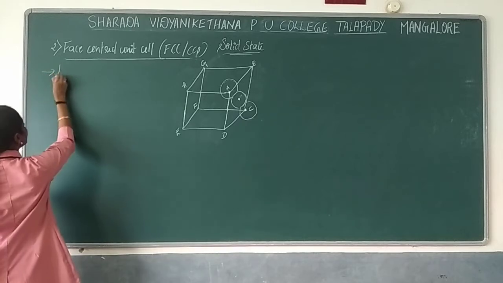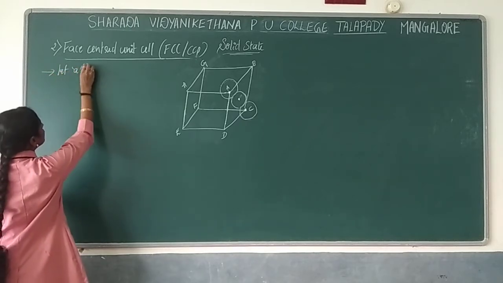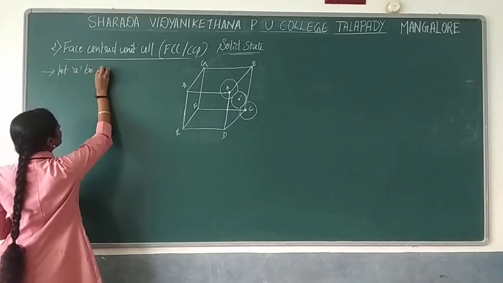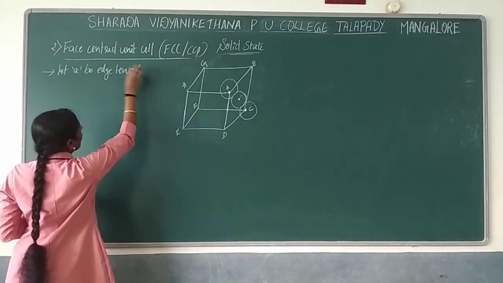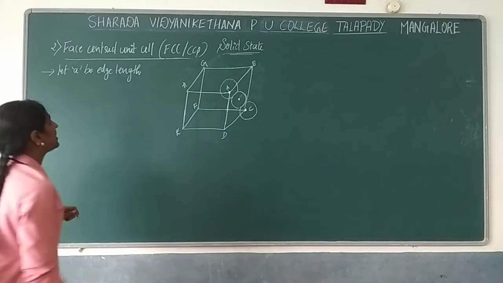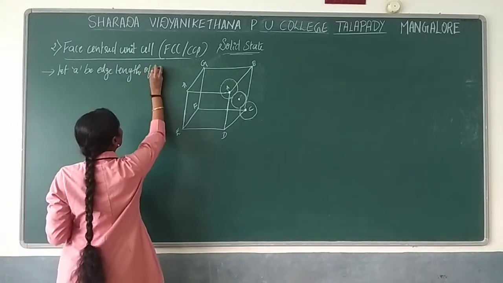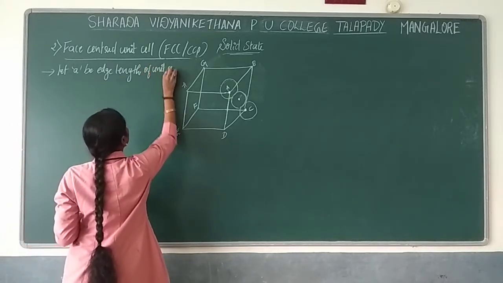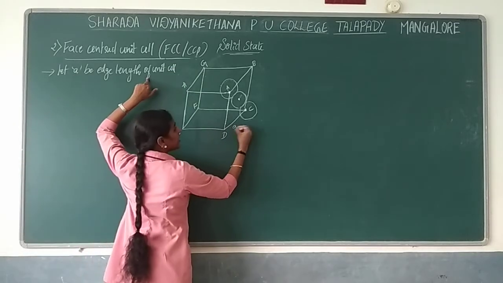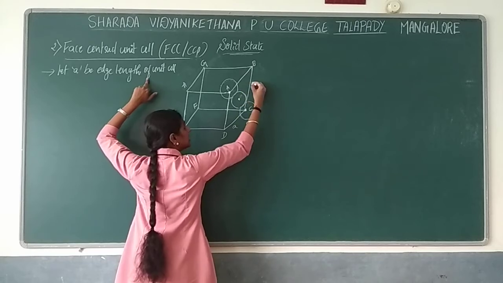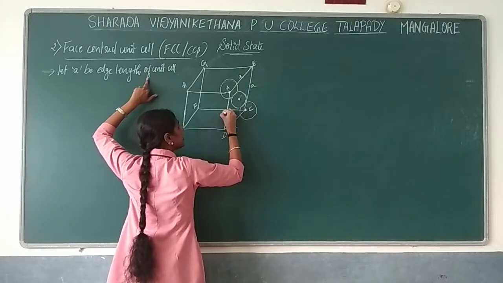Now write down: let a be the edge length, or the side of the unit cell. Let a be the edge length, in the sense all the edges I'm going to represent as a.